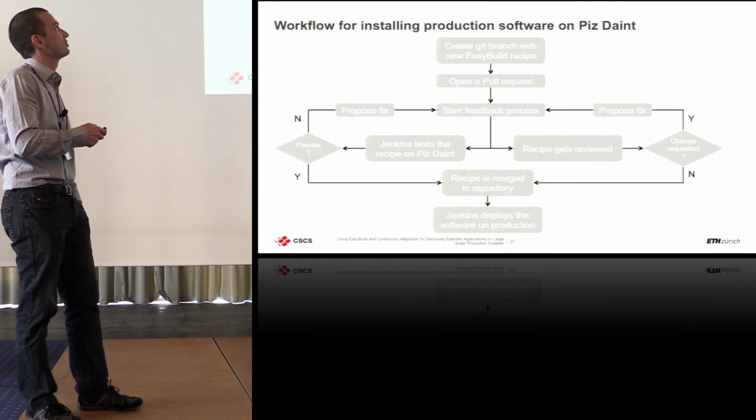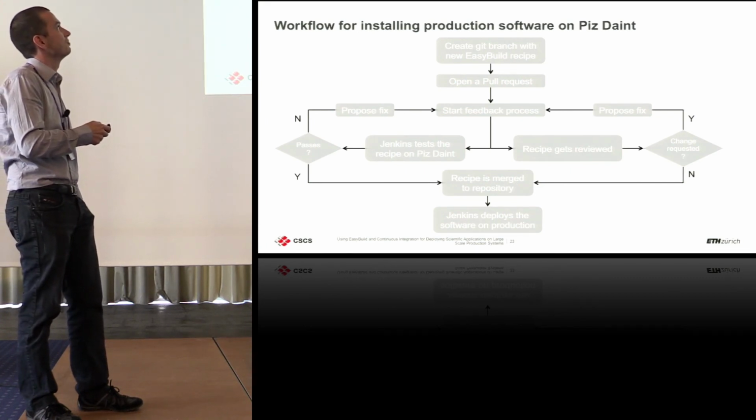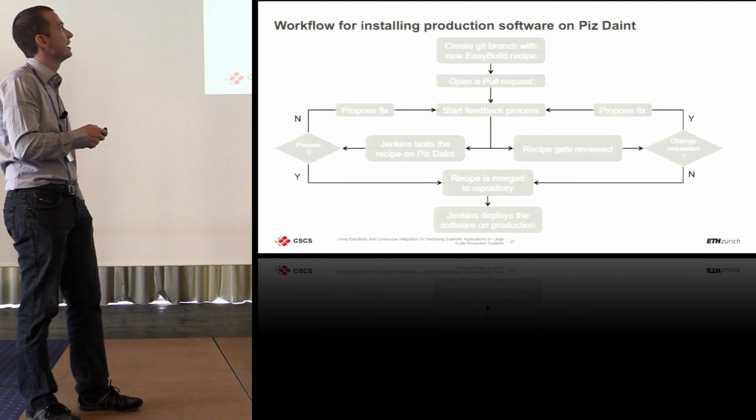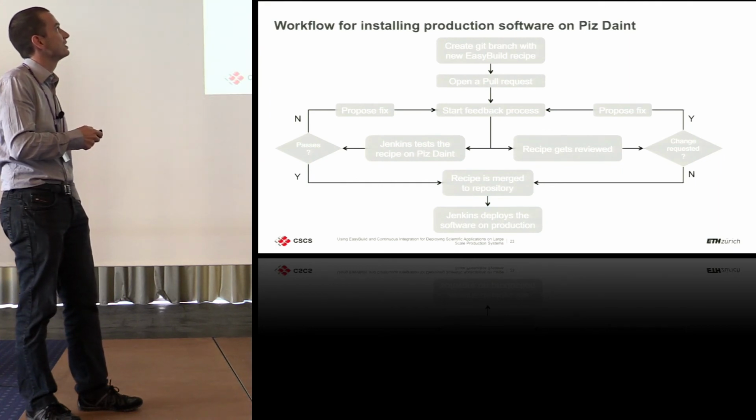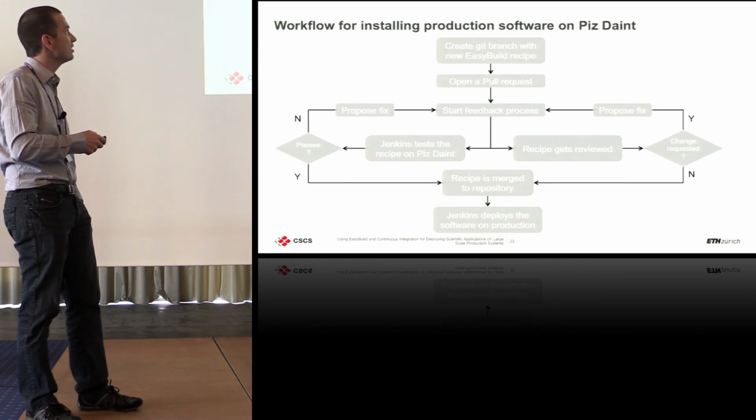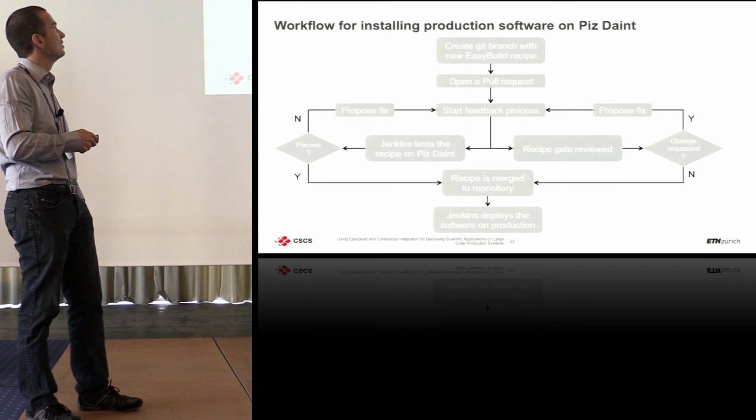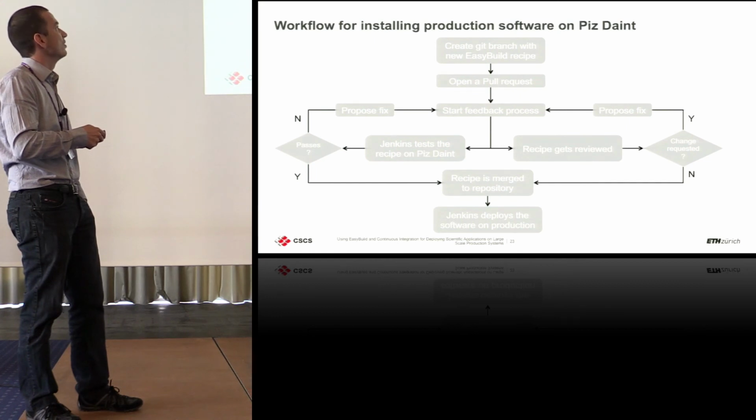We, as application support staff, create a Git branch with a new recipe. Then we open a pull request on GitHub. Then the feedback process starts. In parallel, Jenkins will automatically test the recipe on Piz Daint and give feedback directly on GitHub.